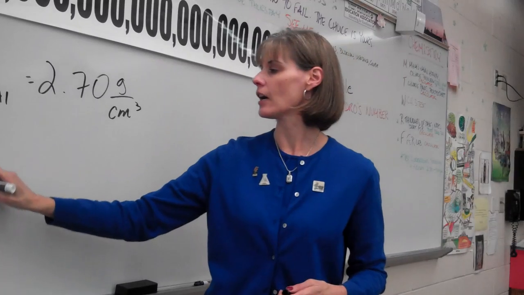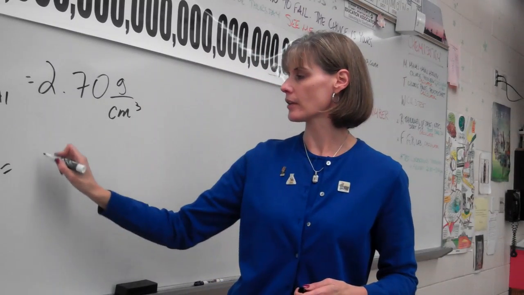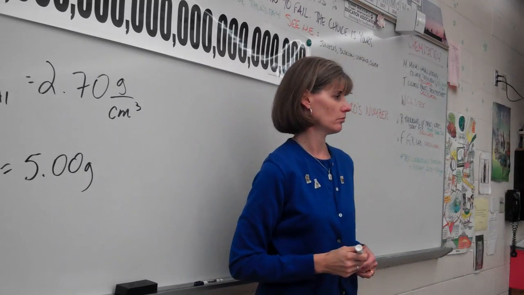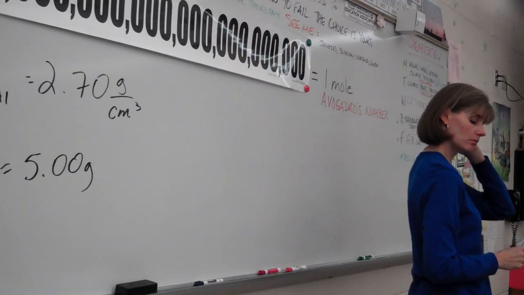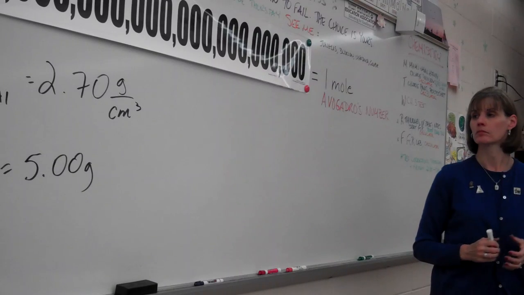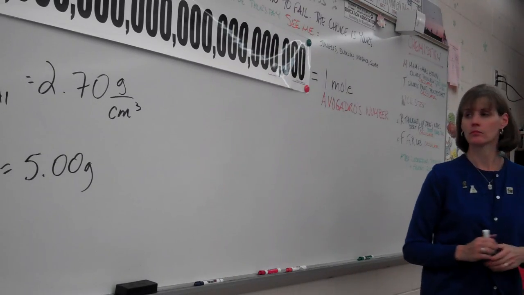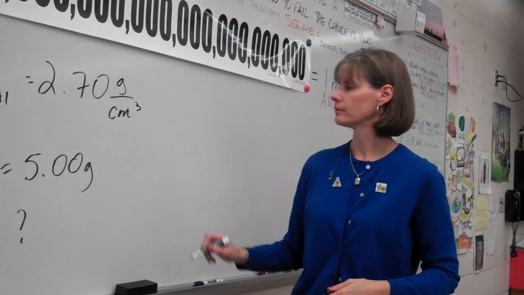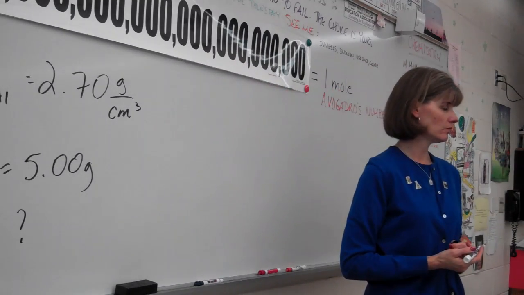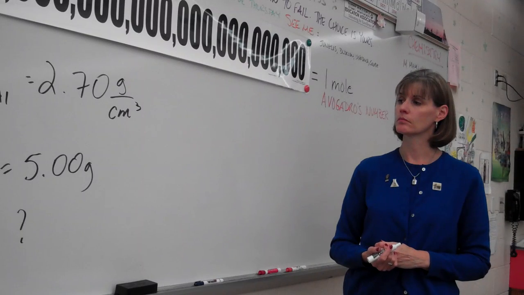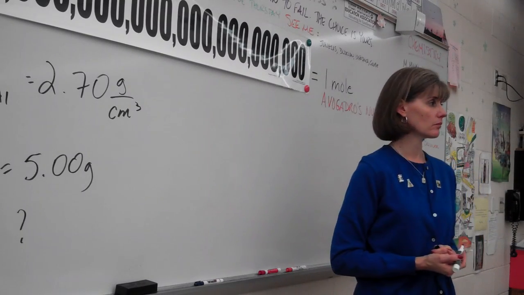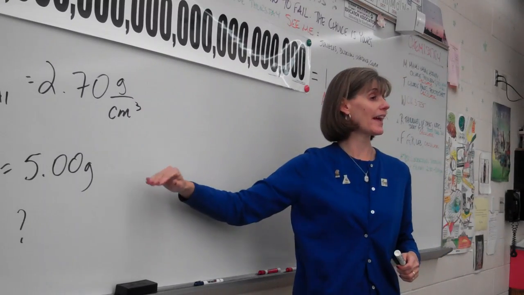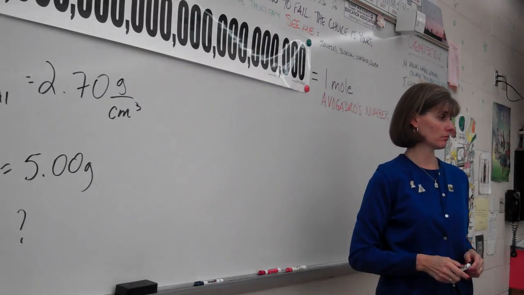Okay, so we have a mass of aluminum that's 5.00 grams. What do we do to find volume? V equals what? How can I set up these measurement units to end up with a volume measurement?